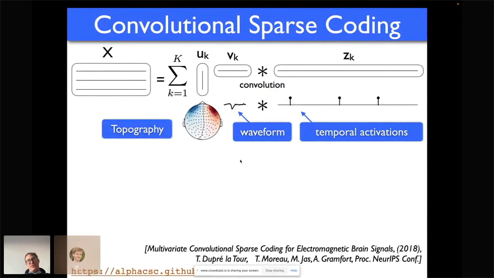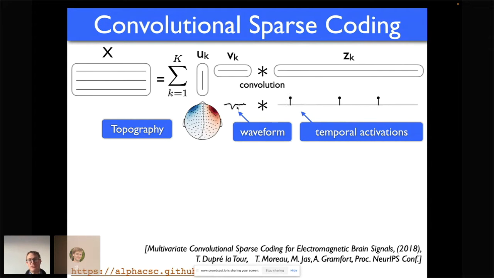So this was the first unsupervised approach. In my lab, we worked for a few years on so-called convolutional sparse coding, which is a different way of unmixing EEG and MEG, using an assumption which is not independence per se, but the idea that the sources you want to recover are a bunch of prototypical waveforms that are positioned in time.